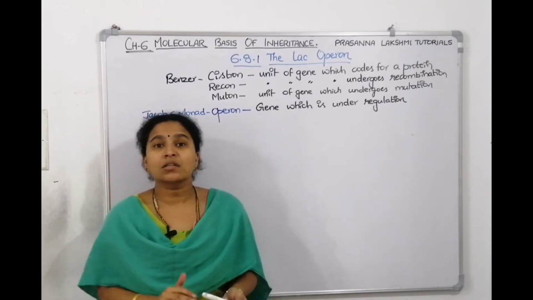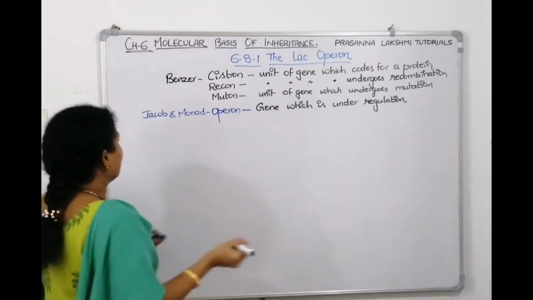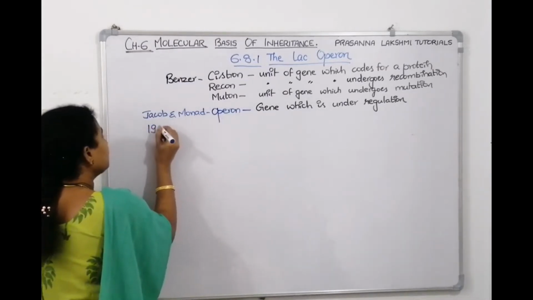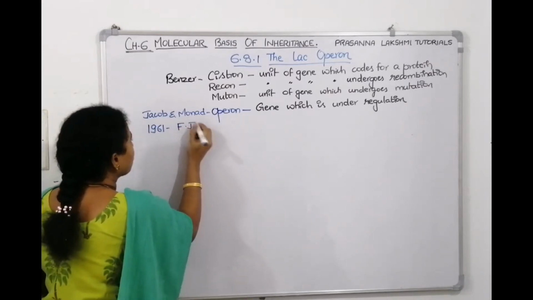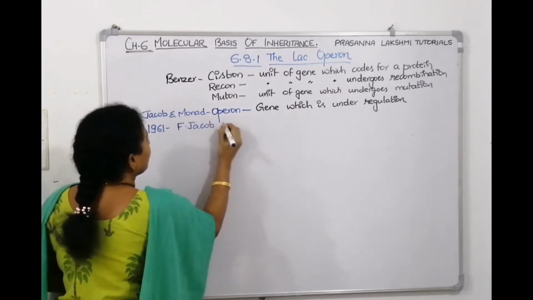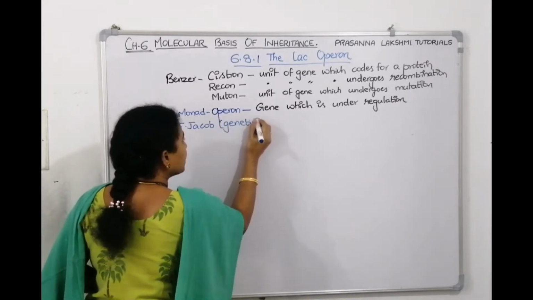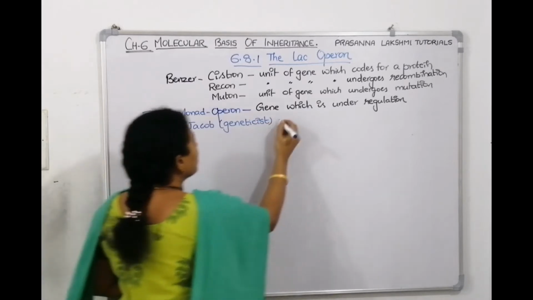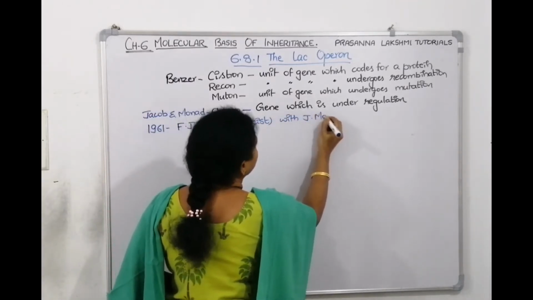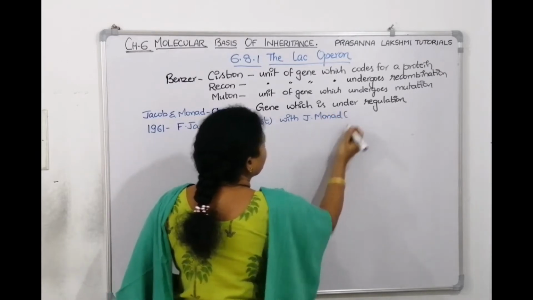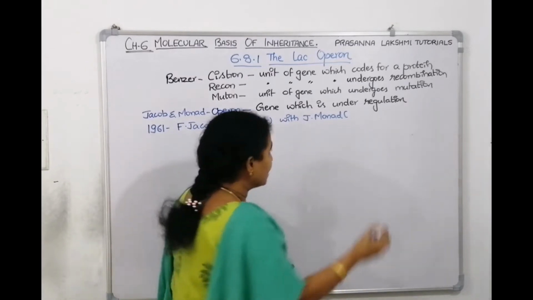To explain the concept of operon, in the year 1961, F. Jacob, who is a geneticist, a genetics professor, worked with J. Monod. Now, Monod is a biochemist. Who is Monod, children? Monod is a biochemist.